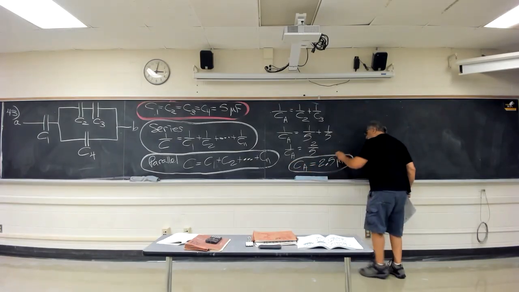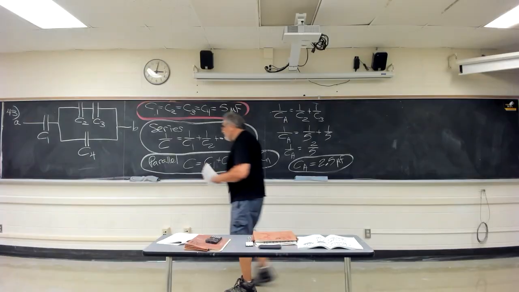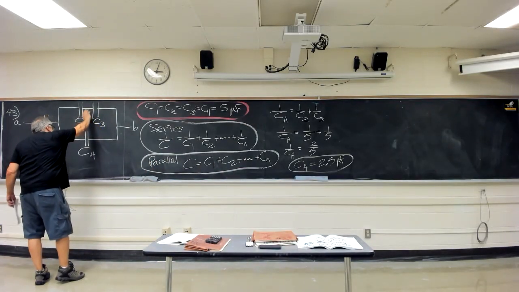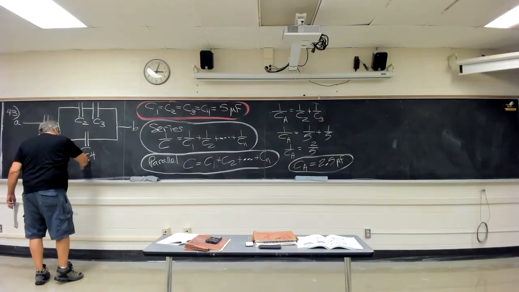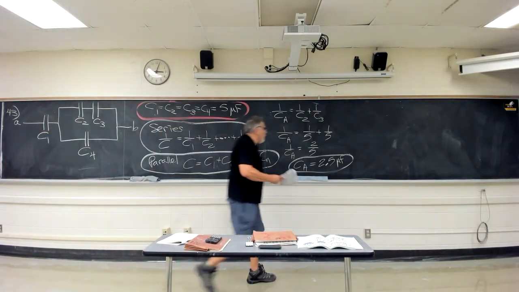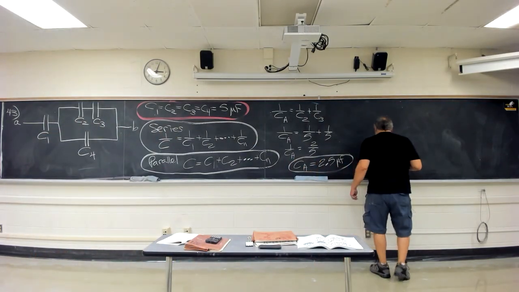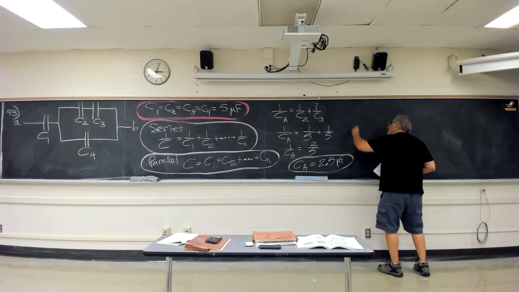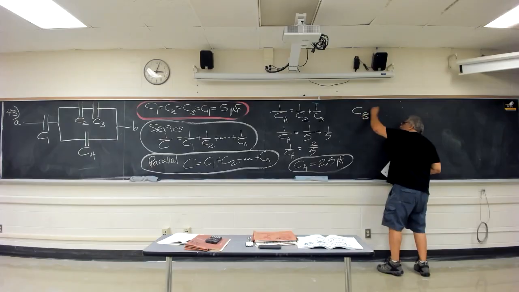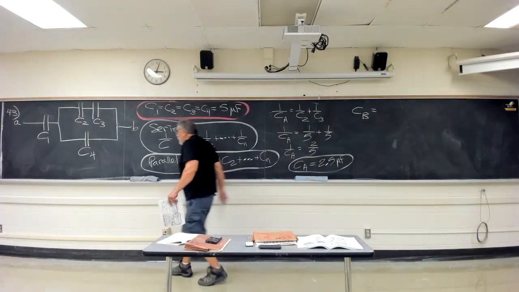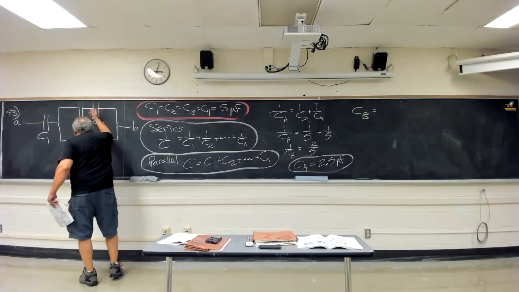That's the equivalent of the top. If this whole thing on top is 2.5 and this on the bottom here is 5, this is 2.5, this is 2.5, this is 5, they're in parallel. The bottom thing, we'll call it C sub B, is basically the equivalent of this parallel situation.